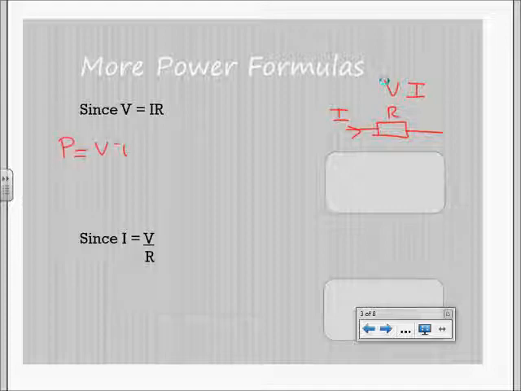Power equals V times I. And then if we use this formula, V equals IR, which comes from our definition of resistance, instead of the V, we put the IR in. And then we multiply that by I. And so what do we get? We get that power is equal to I squared R.